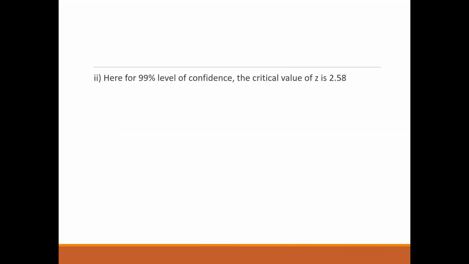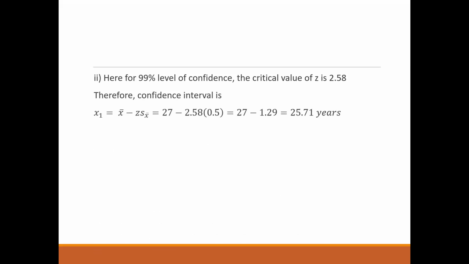And taking the second one, if I change 95% to 99%, as I said, I'm going to take the value of 2.58 and I'm not going to take 2.575. Okay, we can find out the value of x1. It is coming as 25.71.